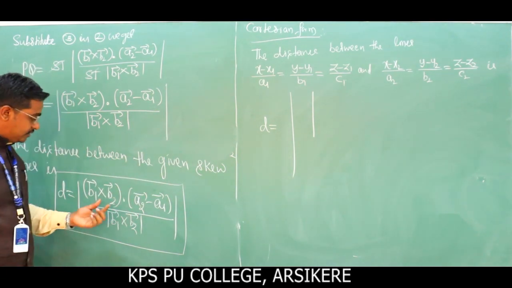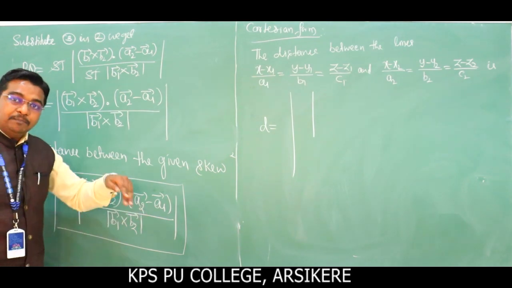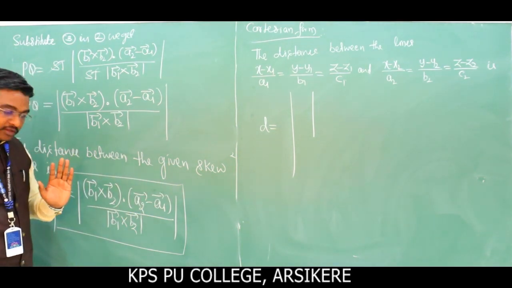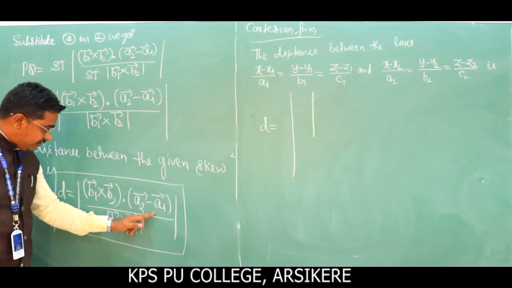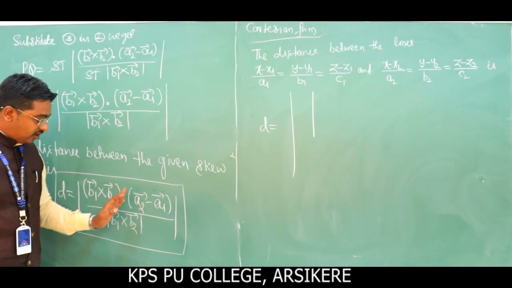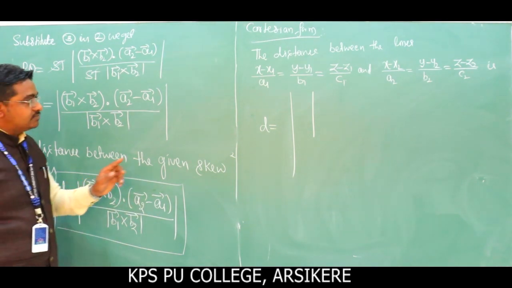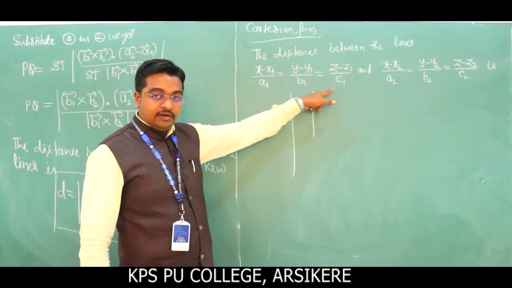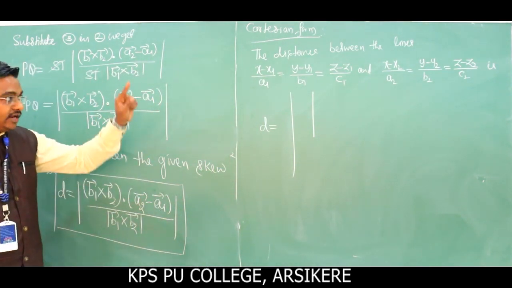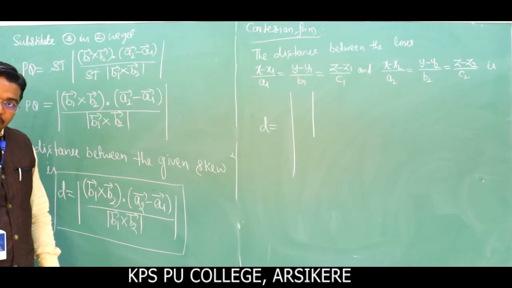Here also, a dot b is nothing but b dot a because the commutative law holds good in the dot product. Let us take a2 minus a1 dot b1 cross b2, and just observe here that a1 b1 c1 and a2 b2 c2 are the direction ratios of lines L1 and L2 respectively.